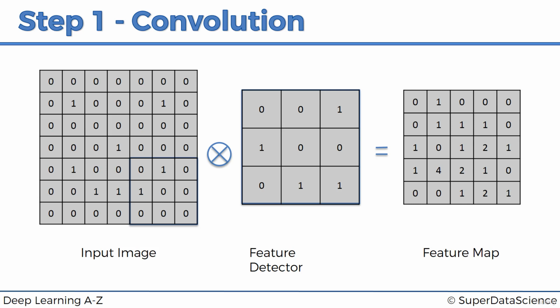And what have we done here? Well, as you can see, we've reduced the size of the image. That's number one. And that's the important thing I wanted to mention about your input image, the feature detector and the stride. If you have a stride of 1, you can see the image reduced a bit. But if you have a stride of 2, the image is going to reduce more. So the feature map is going to be even smaller.